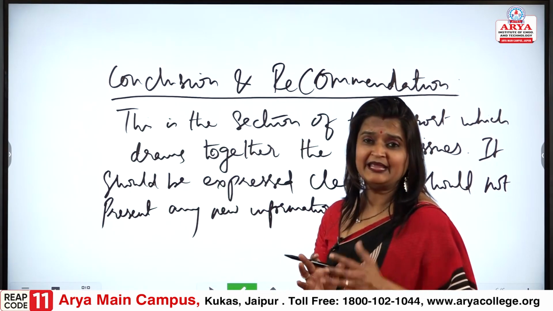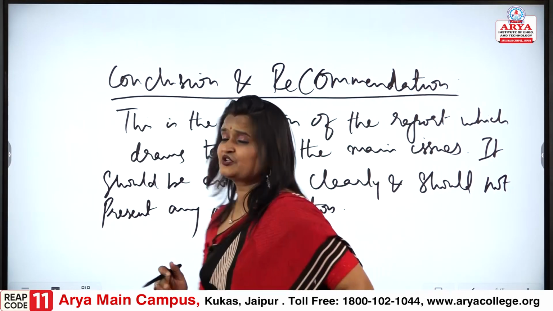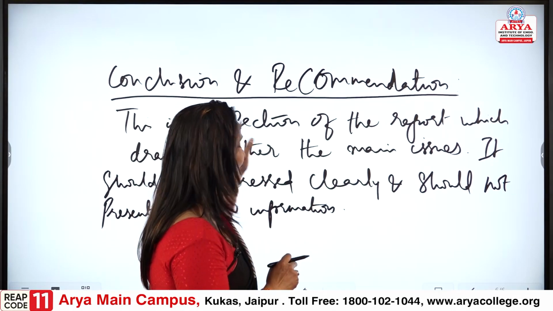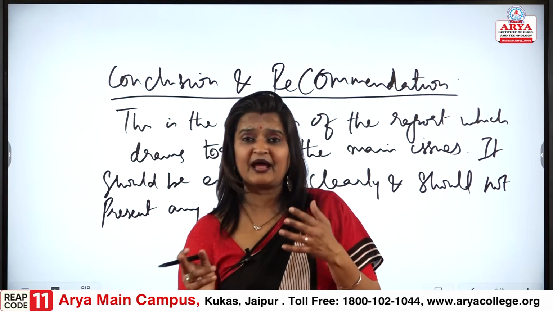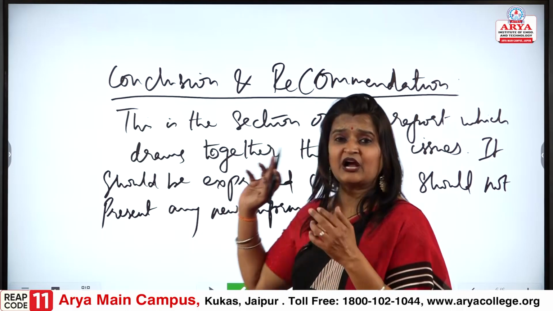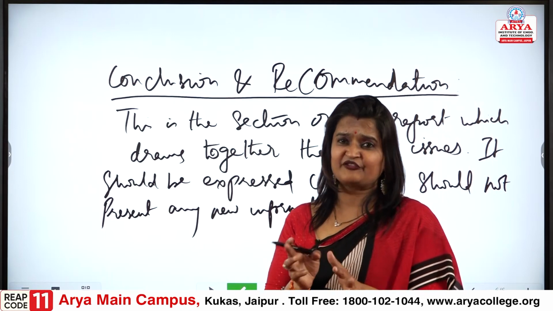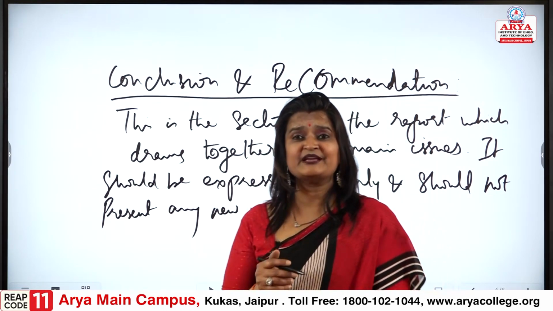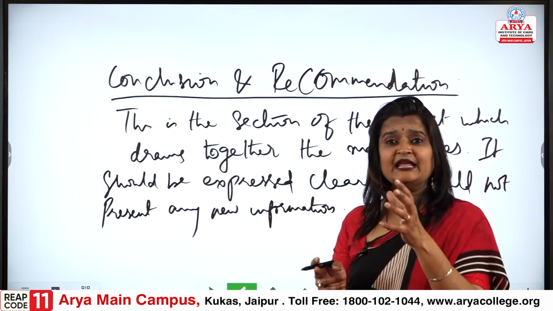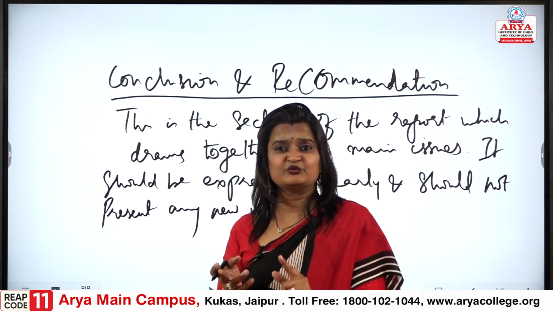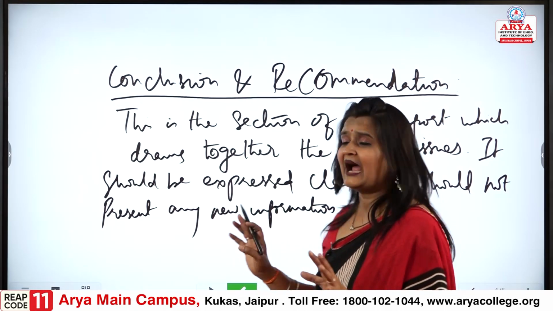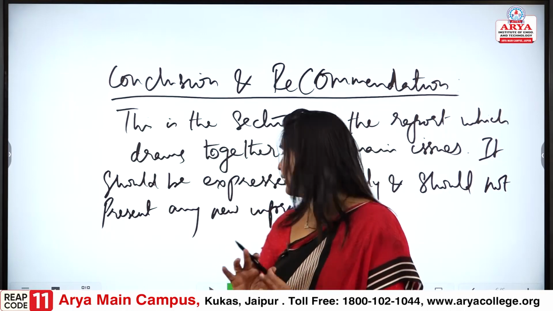What do I mean by that? When we have already shared the prior details, now we are only coming to the conclusion. Already we have shared our observations and the results of our observation. So if you add a new point now, it will create confusion. So please don't add any new information or new point.